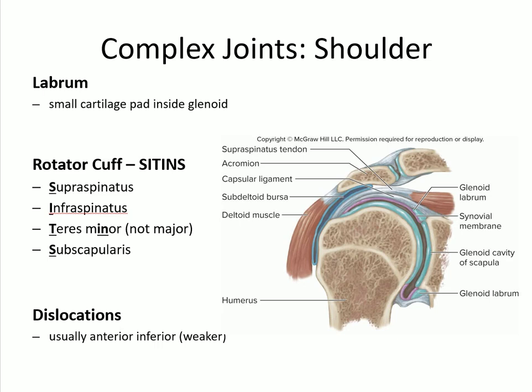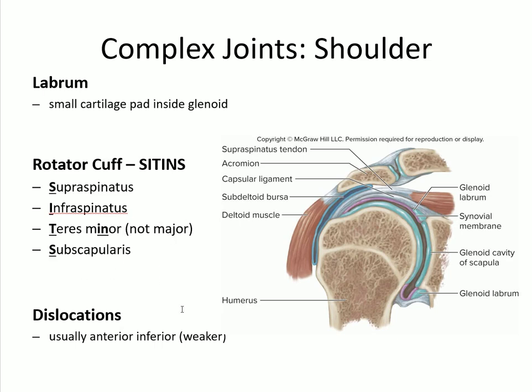This is an easy way to remember it: SITS. You're going to see SITS a lot, S-I-T-S, but SITS will help you remember the teres minor, not major. So supraspinatus, infraspinatus, teres minor, not major, because there is a teres major, and then subscapularis make up our rotator cuff. Know this. You will be asked, and remember that it's not major.